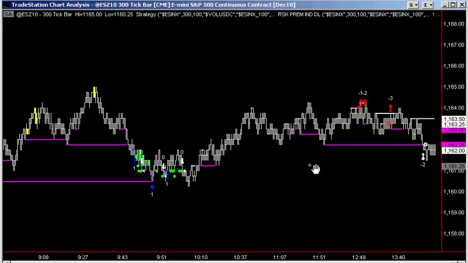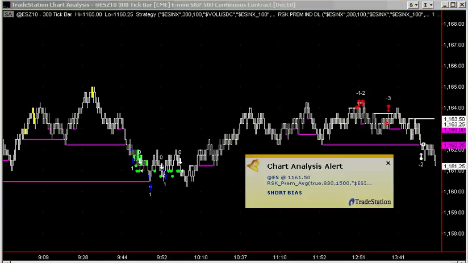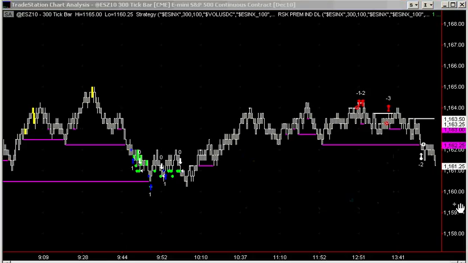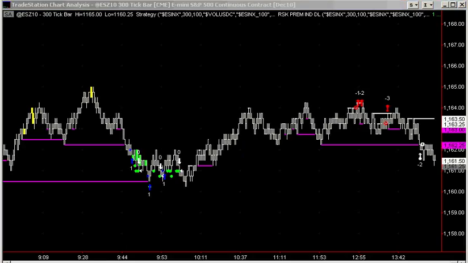Now there's one of our, nope, we just lost the alert. Now we're still in this trade. We've still got a couple of contracts working. We're going to set up a stop at 61. We have every reason to believe that's going to get hit. And then we'll exit the rest of our position when we hit that.